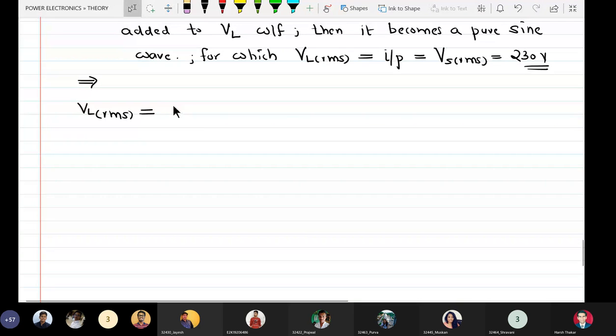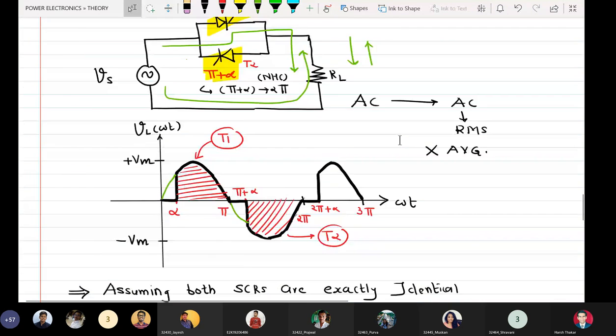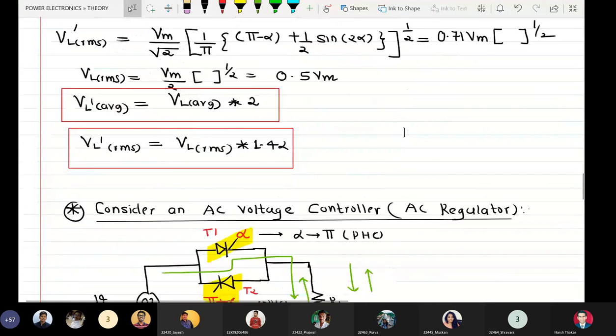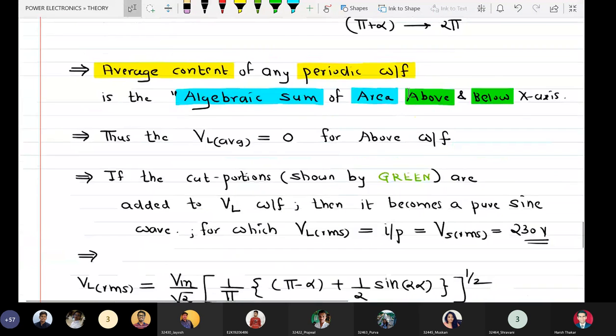So VLRMS is now written as Vm upon root 2 into the square root of 1 upon pi into brace bracket pi minus alpha plus 1 upon 2 sine 2 alpha. Okay, somebody may say, sir, this is the same expression as the expression we had written for a full wave control rectifier.